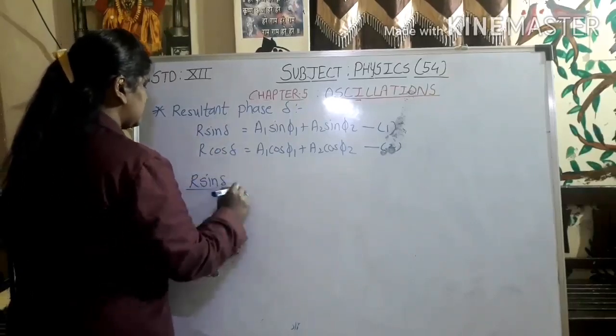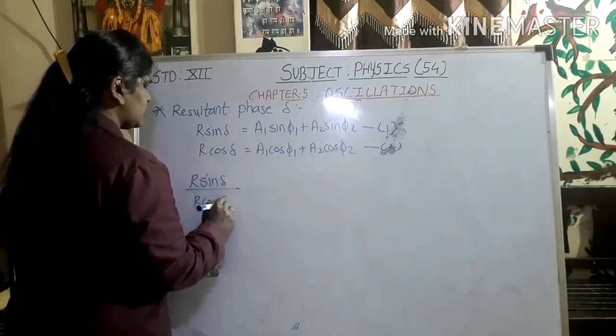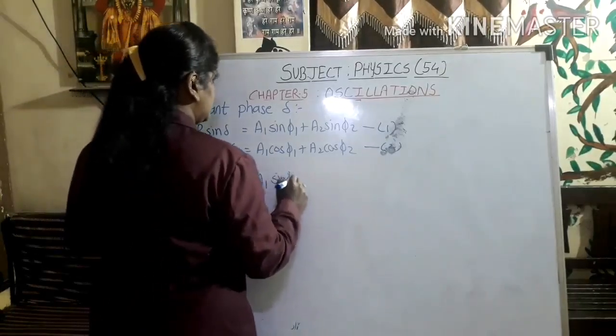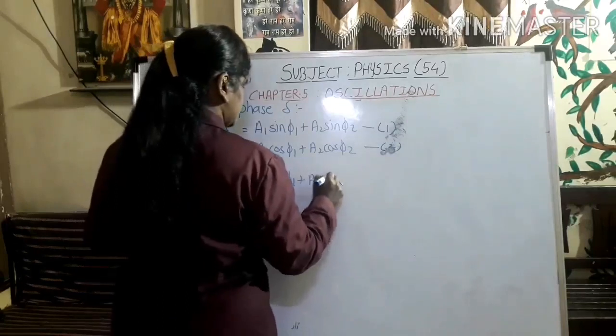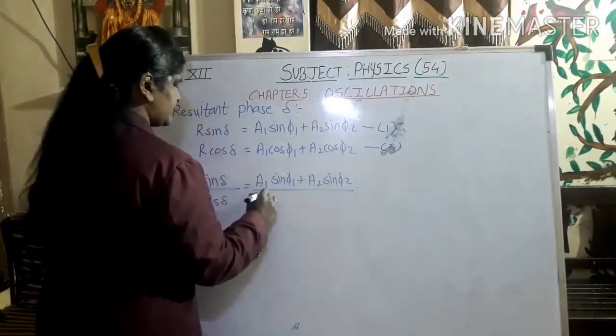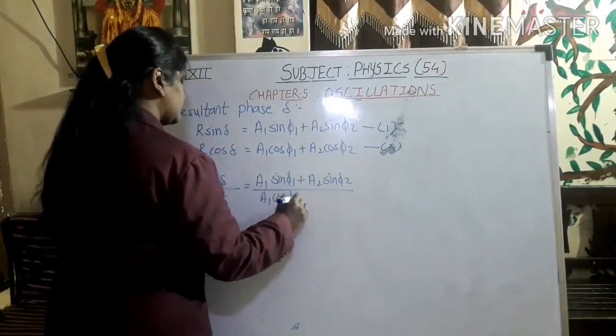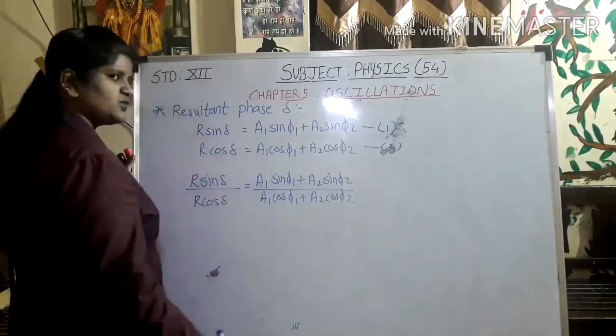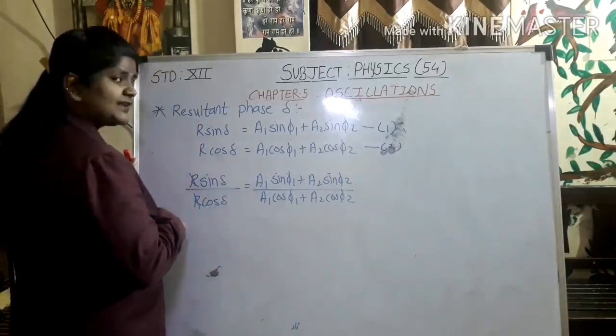What happens if I divide this equation? R sin delta divided by R cos delta will be a1 sin phi 1 plus a2 sin phi 2 divided by a1 cos phi 1 plus a2 cos phi 2. This is what I get. This R and R will get cancelled.